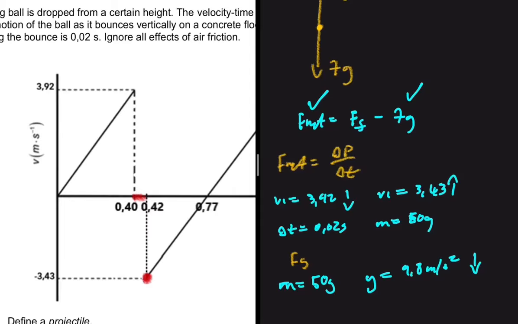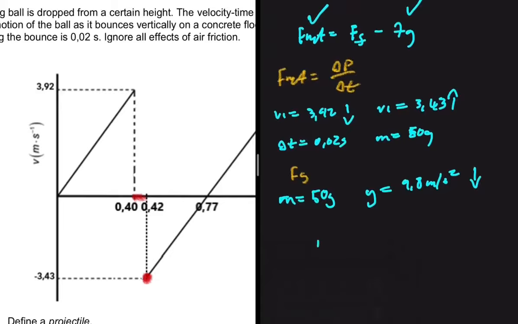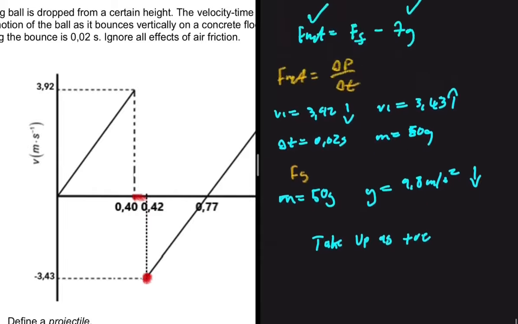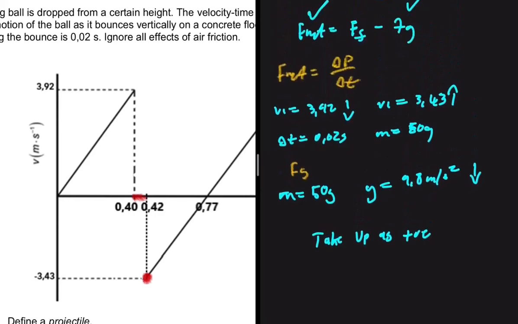So which direction do we want to take as positive? Let's take up as positive. It is just common sense. So in place of F net, let me just write our equation down again. F net is equal to the force applied by the floor minus Fg.